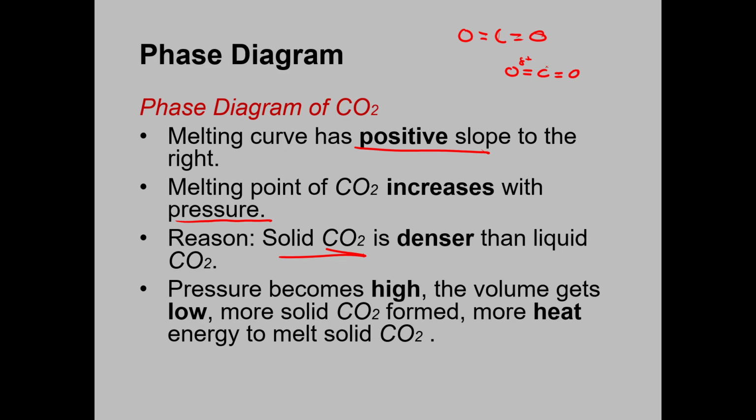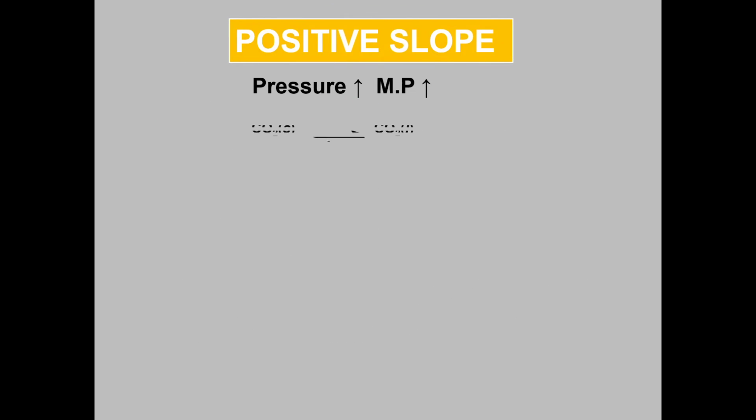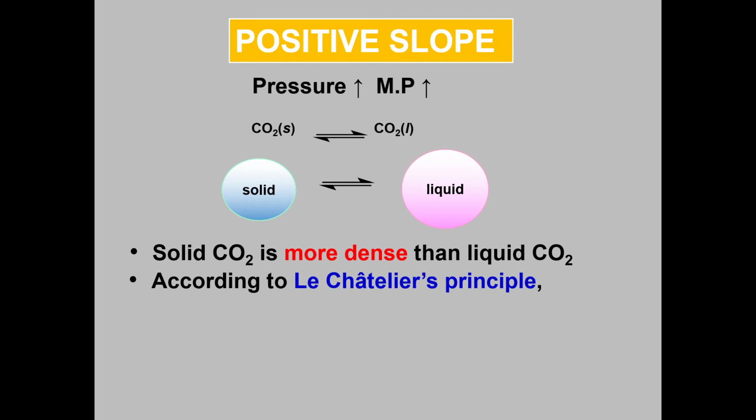You compress a lot of things, they get close, and it becomes solid. Right? So this is the explanation of why, when we increase pressure, the melting point also increases, because it becomes a denser solid. You compress the solid, it should be denser, right?